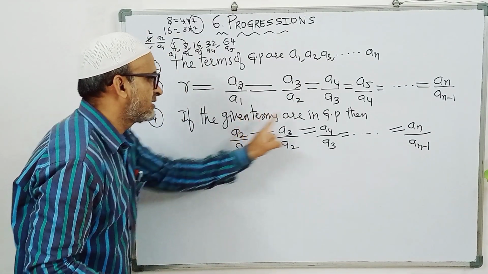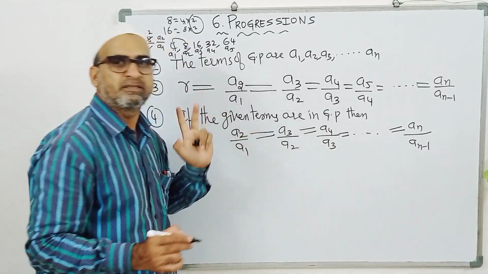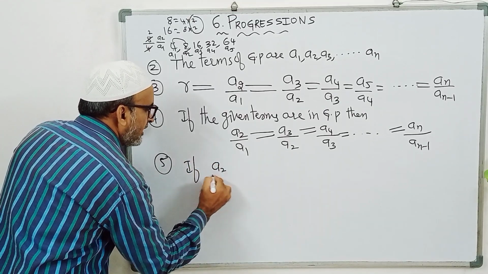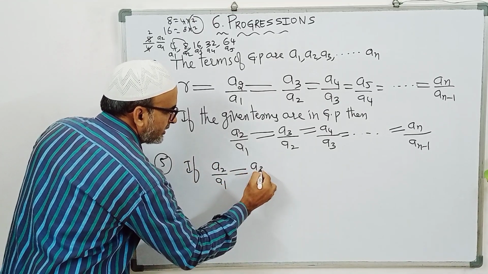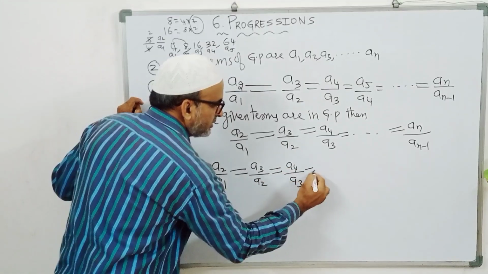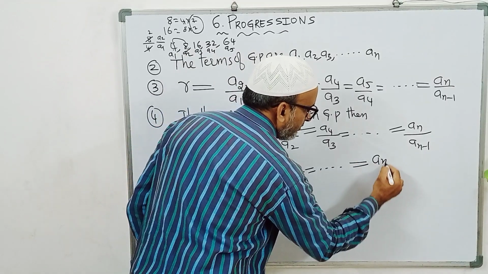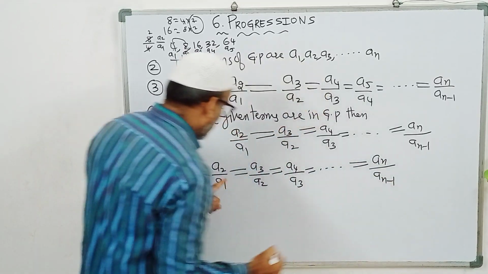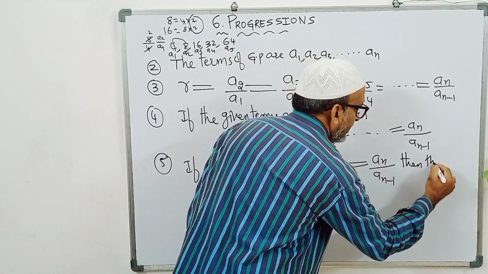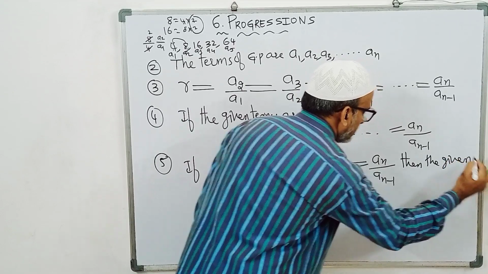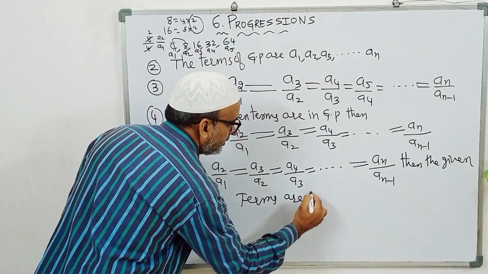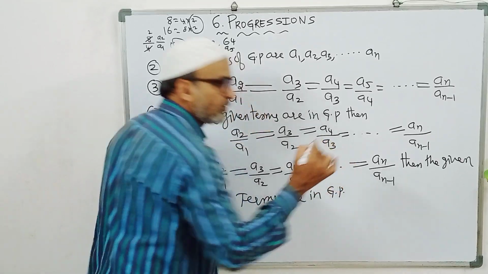If he has given the condition the terms are in GP, then we should write this condition. Number 5, if A2 by A1 is equal to A3 by A2, equal to A4 by A3, equal to so on equal to AN by AN minus 1, means common ratios are same, then we should say that the given terms are in GP. This is very important.